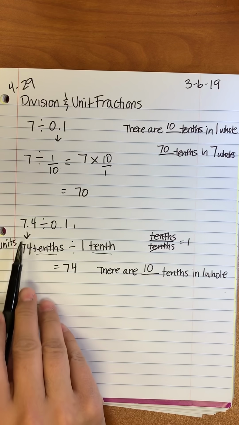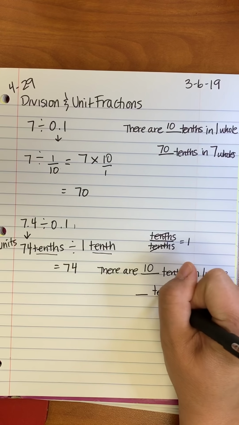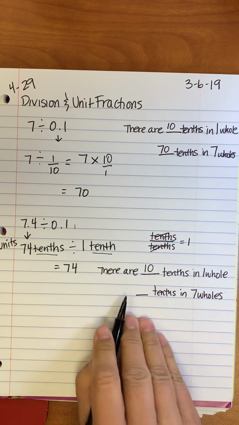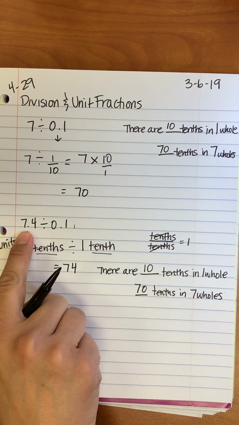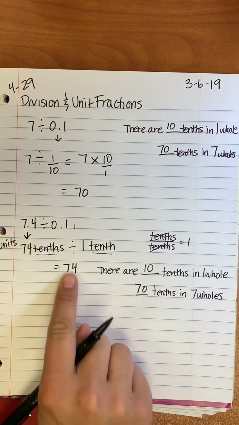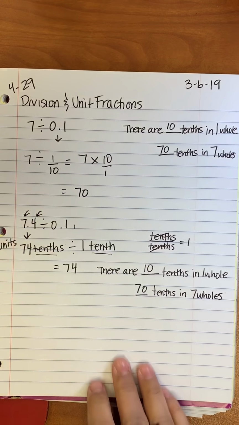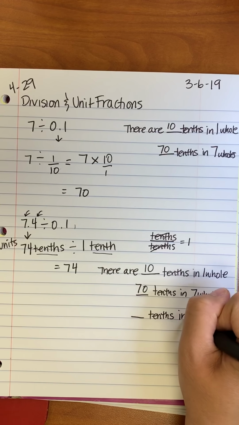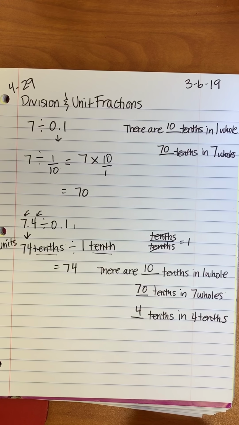All right, and then if we're looking at 7.4, we know that there are 70 tenths in 7 wholes, right? Because 7 is our whole number here. And then we need to know how many tenths are in this. So we've taken care of the 7. Now we need to take care of that 4. So how many tenths are in 4 tenths? And that would be 4 tenths.